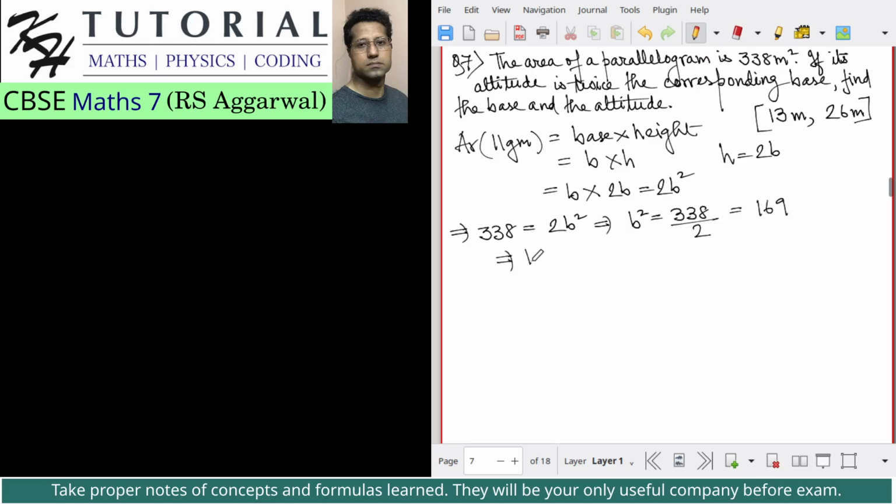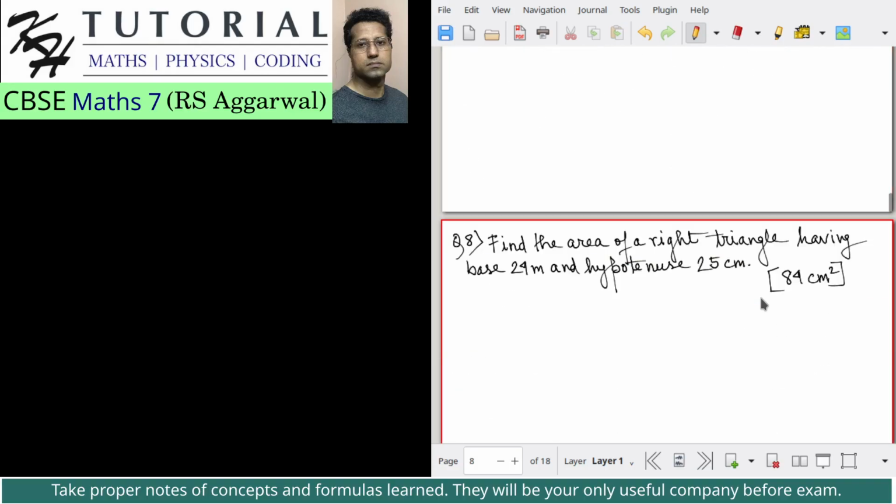So b is equal to square root of 169 meter, which is equal to 13 meter. Now it is asking find the base and altitude. So base we have found to be 13 meter. So height is equal to twice the base, which is 2 multiplied by 13 meter, which is 26 meter. So the base is 13 meter and the height is 26 meter.